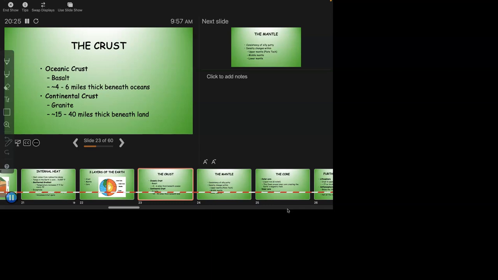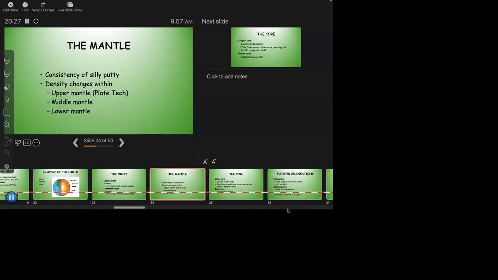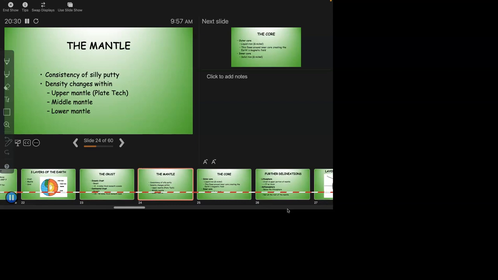So the crust. The mantle. Consistency of silly putty. Well, that seems a little weird, right? It's not very scientific. But again, we mentioned the other day that pressure and temperature do really weird things to materials.